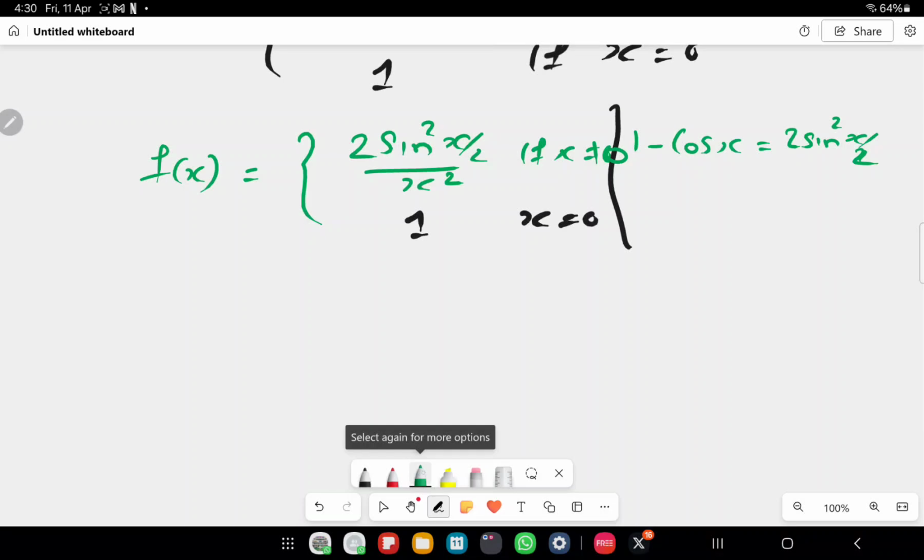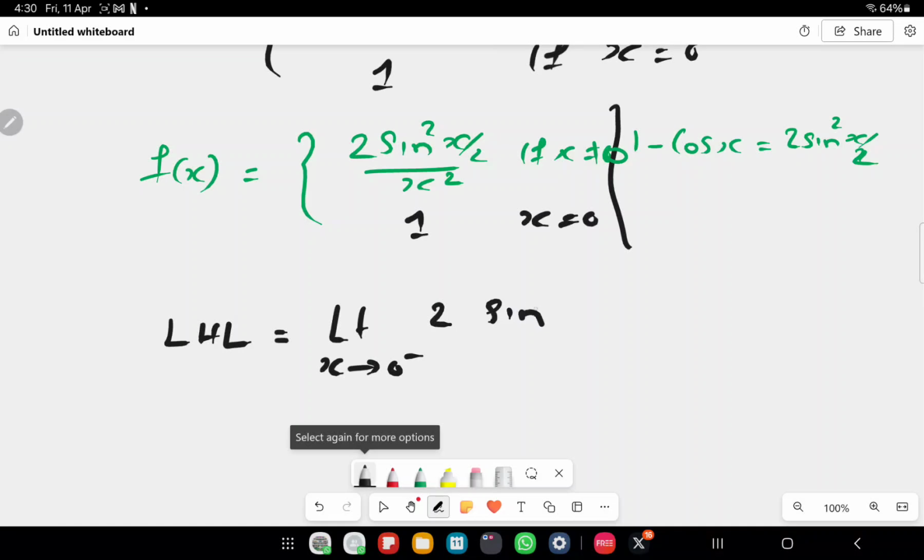Limit x tends to 0 of sine x by x equals 1. But here you have sine square. We are going to manipulate that. You see what you do is, I will write LHL like this. LHL I will be writing as limit x tends to 0 minus, 2 sine square x by 2 by x square.